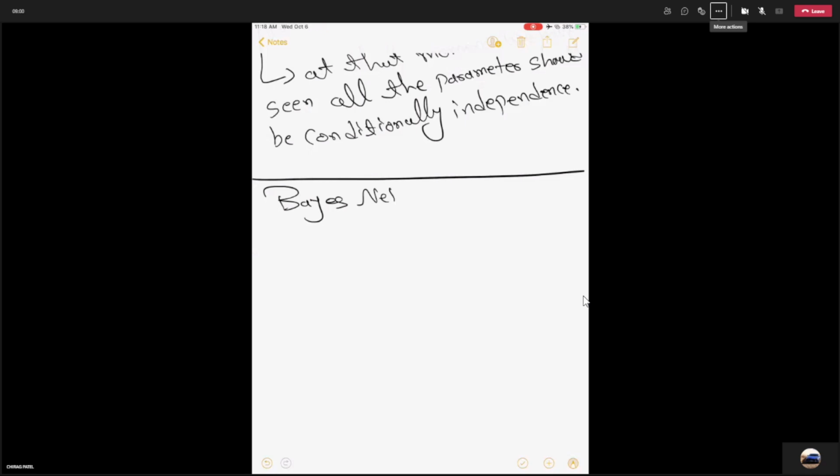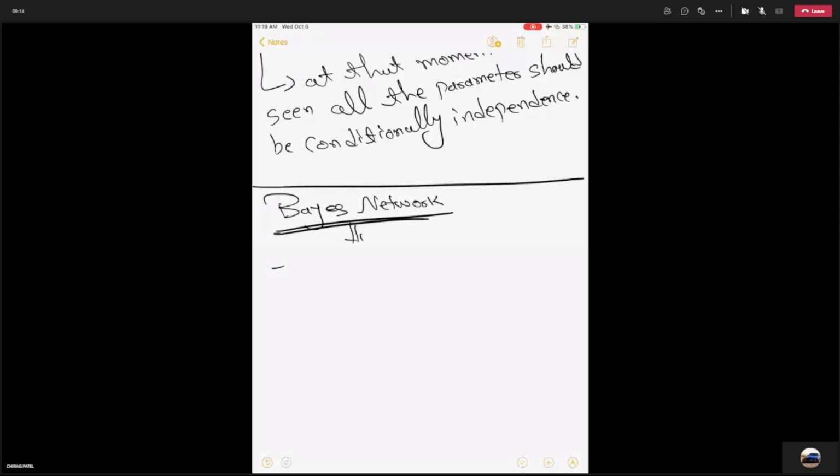The Bayesian network basically, if you are having your data x1, x2, x3, these are your columns which you are using for classification of any problem.